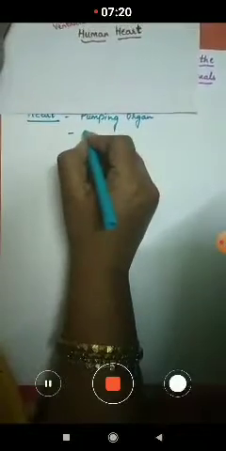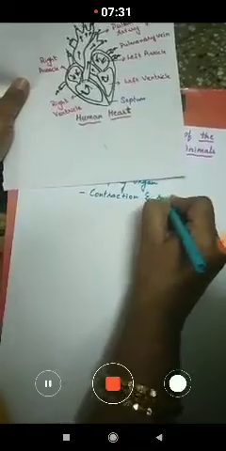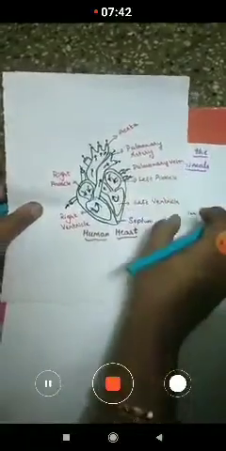Keep in mind that the heart pumps the blood through contraction and relaxation of the cardiac muscles that are present surrounding the heart. Through the contraction and relaxation of the muscles, the blood flows from one region to another region.